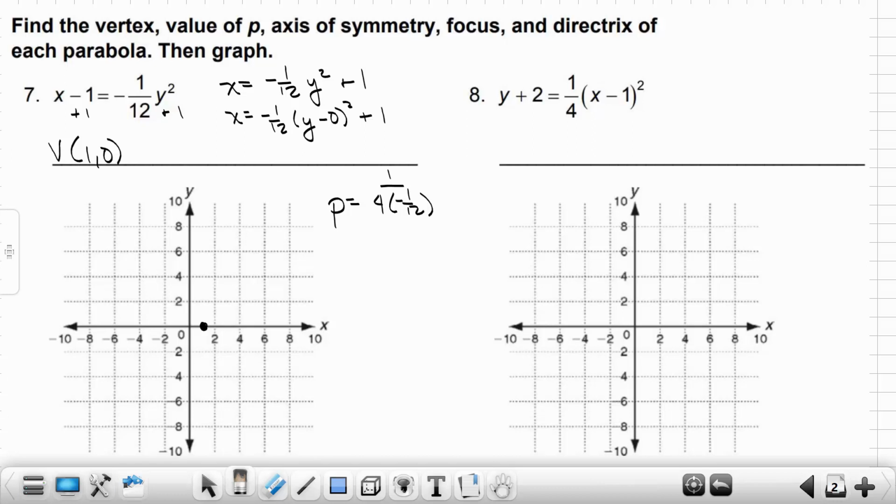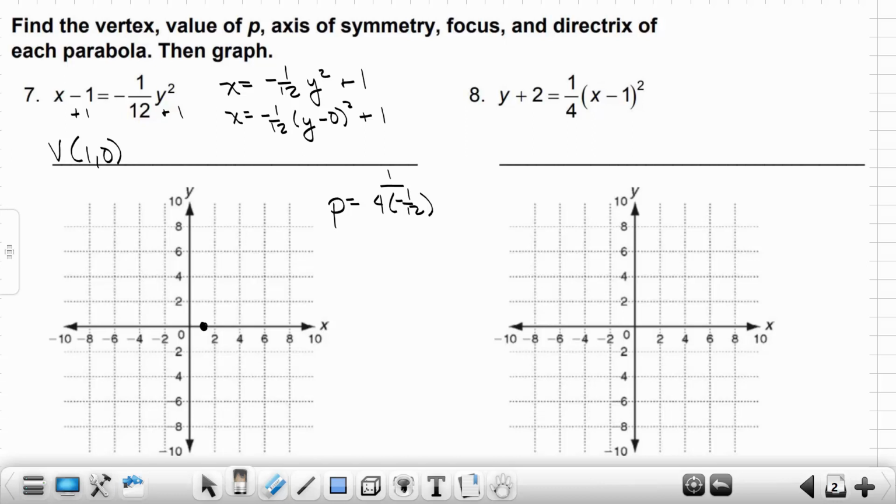So let's resolve the denominator first. 4 times negative 1/12 is what? Negative 1 over 3. 4 times a 12th. If I have a 12th, a 12th, a 12th, and a 12th, that makes a third. Because I'll have 4 twelfths.